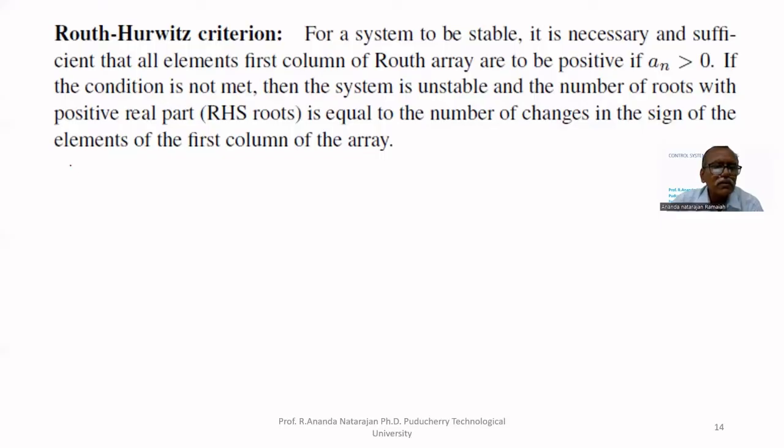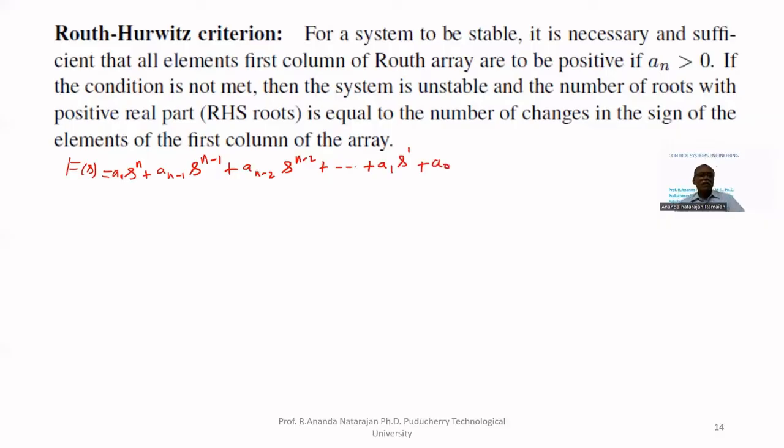Let f of s, the characteristic polynomial, equal a n s power n plus a n minus 1 s power n minus 1 plus a n minus 2 s power n minus 2 plus etc. plus a1 s power 1 plus a naught, be an nth order characteristic polynomial, or we can say the denominator polynomial of an open loop system or closed loop system.